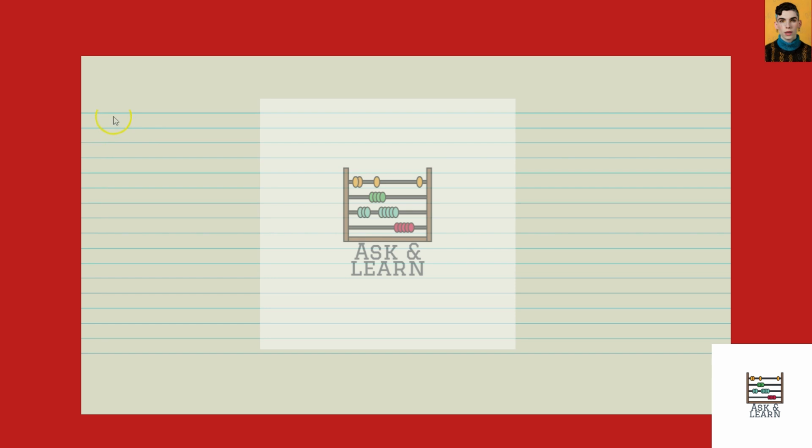Hello everyone. In this problem, an AC bridge is given which has the value of resistance R1 equals 400 ohm, resistance R2 equals 600 ohm, resistance R3 equals 1.2 kilo ohm, and the capacitance C2 will be 0.3 microfarad.